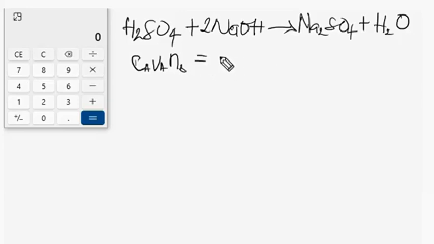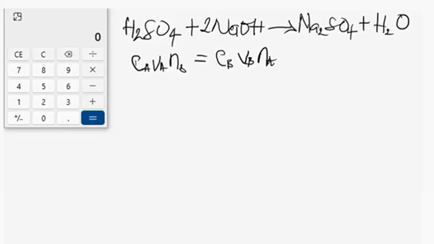So CAVA over CBVB is equal to NA over NB. So guys, here we want to calculate the volume of the tetraoxosulphate(VI) acid. So actually we are going to just calculate for VA, and that's the volume of acid.